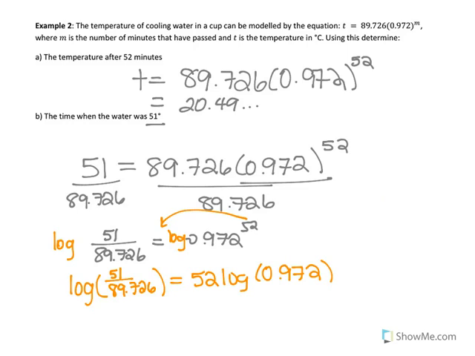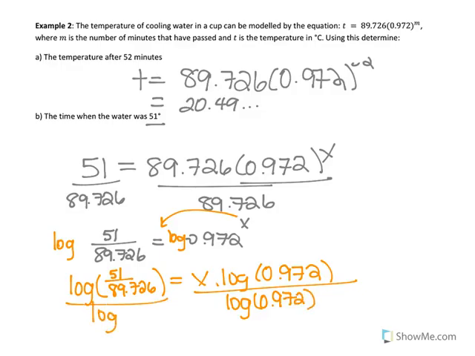Okay, now that shouldn't be a 52, it should be an x, because we're looking for x. Oh my gosh. That was from the last example. Okay, now we have an x. To get x by itself now, I would divide by log of 0.972.